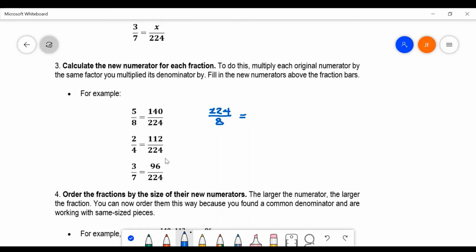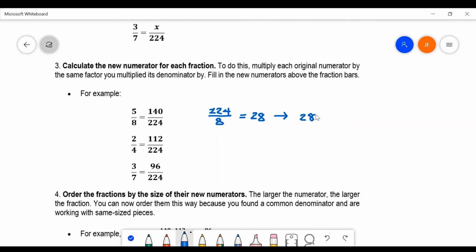So 4 times 7 is 28. And then from there, 28 is being multiplied by 5.